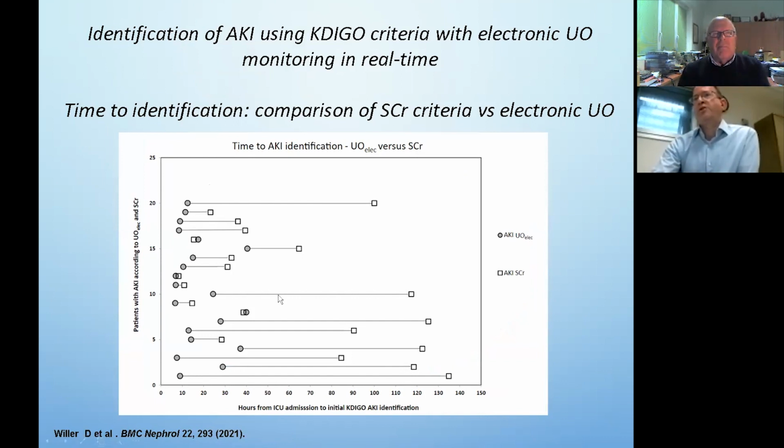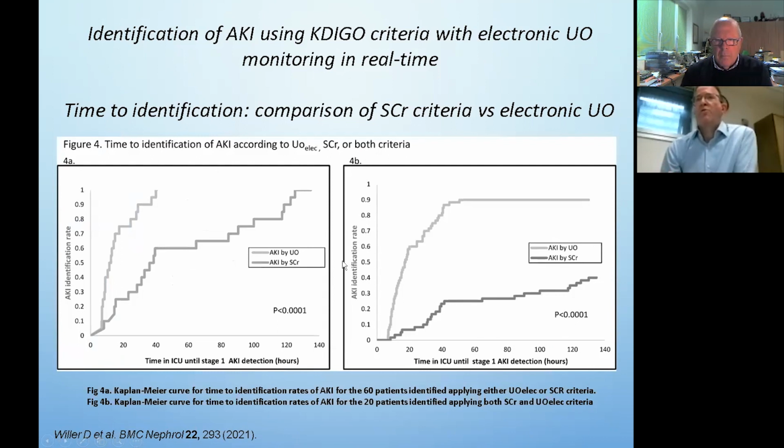I think more important, when we compared the time course for the identifications of AKI, we can see that for those patients who met both urine output criteria and serum creatinine criteria, the time course for the identifications of AKI was much shorter for patients where we applied urine output criteria, represented here in the dotted circle, compared to patients when we relied on serum creatinine itself, represented here in the empty square.